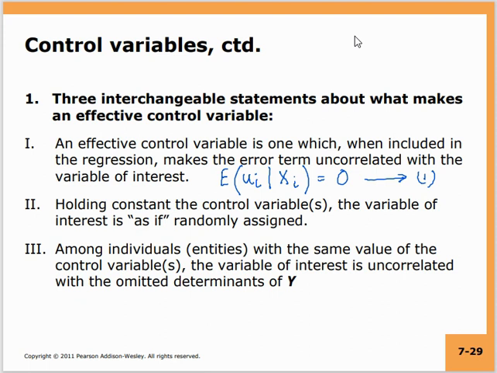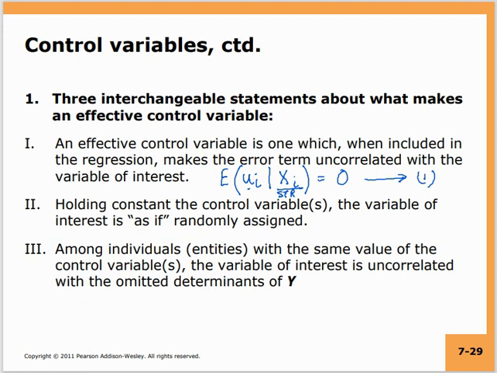So the whole idea of including the control variable is such that your error becomes uncorrelated with your variable of interest. This is your variable of interest, which in this particular case is STR. Holding constant the control variables, the variable of interest is as if randomly assigned.